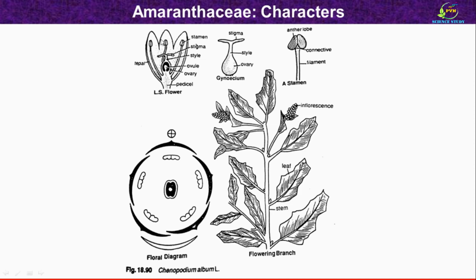This is the longitudinal section of the flower where we can see tepals. So these are the tepals as well as these are the stamens, and this is the gynoecium. Gynoecium consists of stigma, style as well as ovary. Stamen consists of filament, connective and anther lobes, and this is the floral diagram of Chenopodium album.